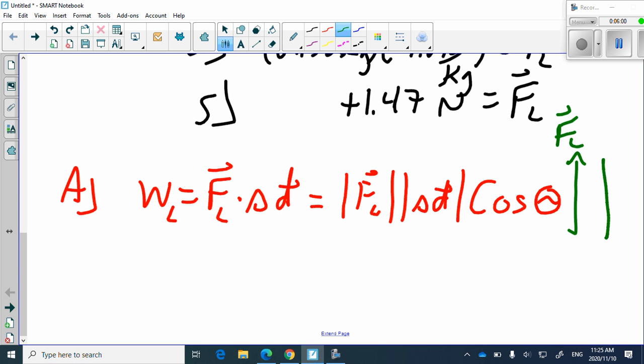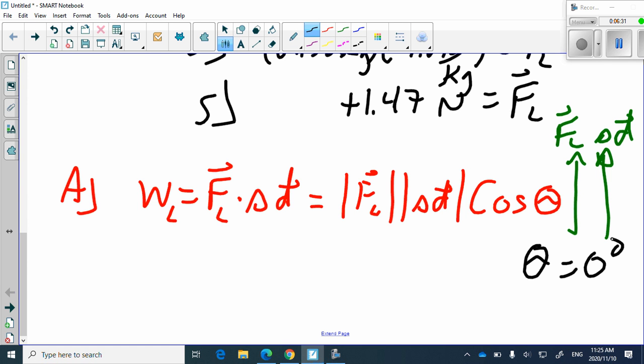The displacement is straight up. So the lift force and the displacement are parallel to each other and in the same direction. If someone asks you what's the angle between two parallel lines in the same direction, I hope you realize that the angle between them is 0.